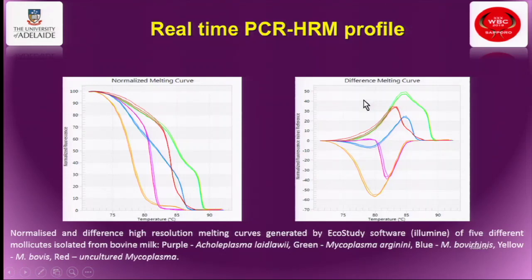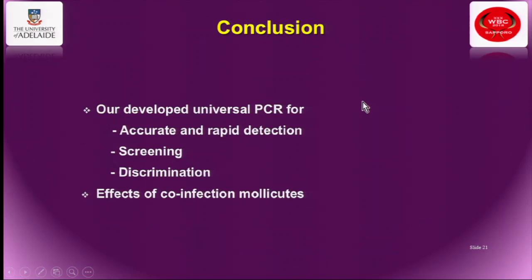That makes the comparison easier. In conclusion, due to rapidity and higher sensitivity compared to the conventional culture method for surveying Mycoplasma mastitis in dairy herds, we recommend screening of milk samples using our universal PCR method.